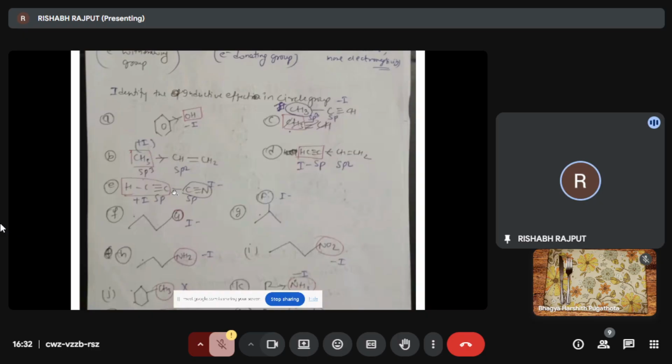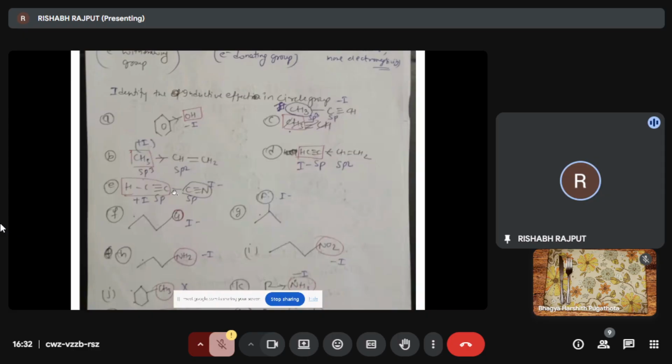But in this case what happens actually? Here nitrogen is there. That is why in this case this will be more electronegative compared to these two carbons. If both sides are carbon, that is okay. In that case there is no effect. But here carbon is with nitrogen, so nitrogen has more power. That is why it will become minus I effect, plus I effect.